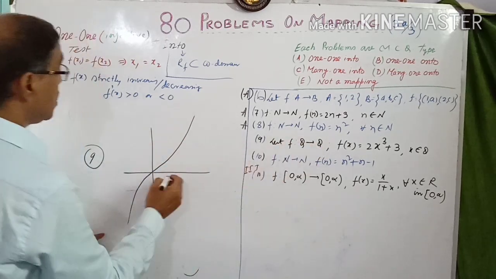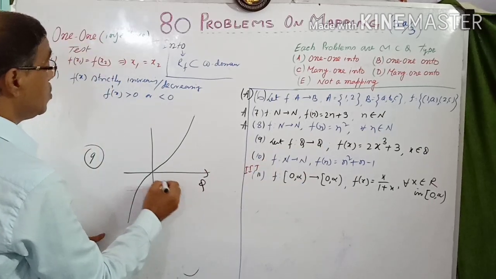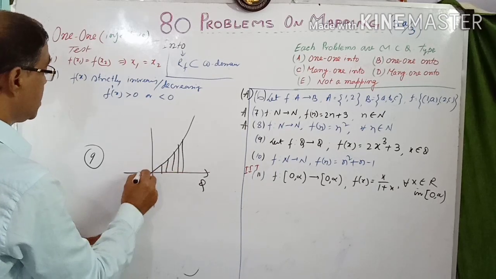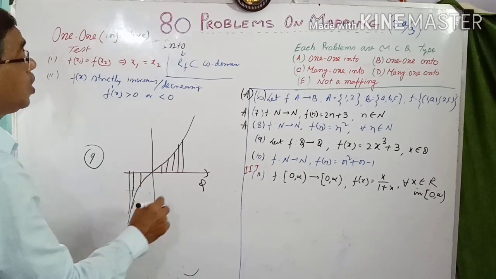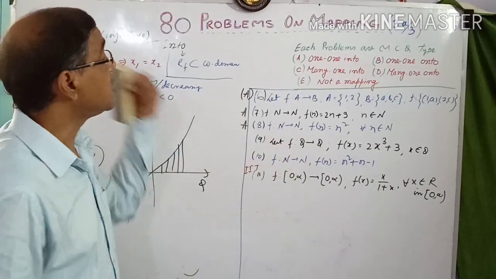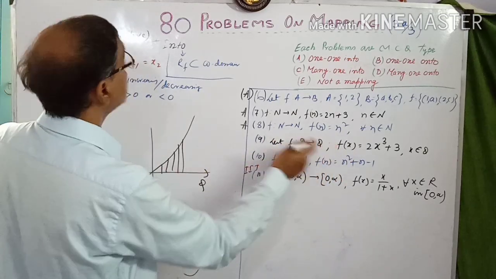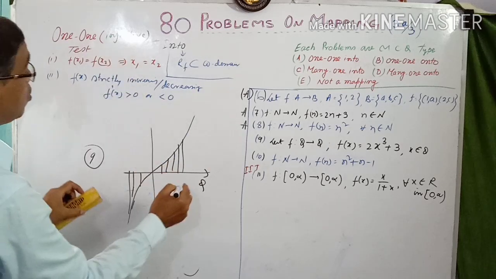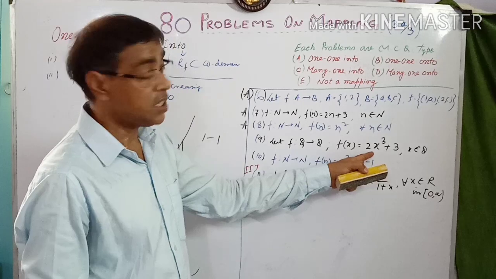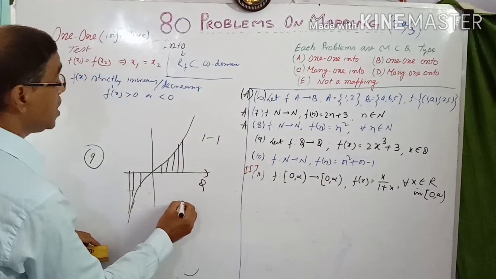For all the elements of Q, we get different elements of the codomain set. It defines the images, therefore this is also 1-1. It is not onto.